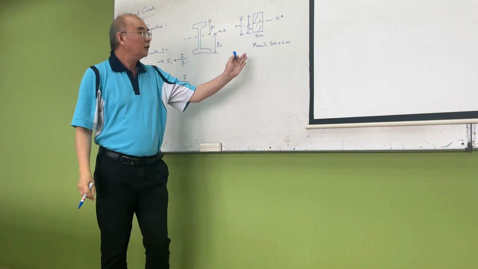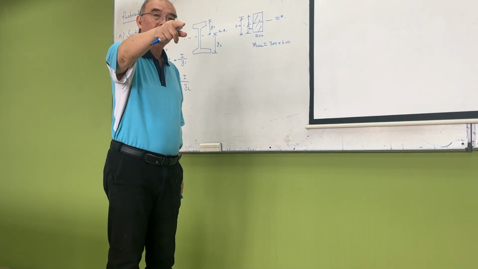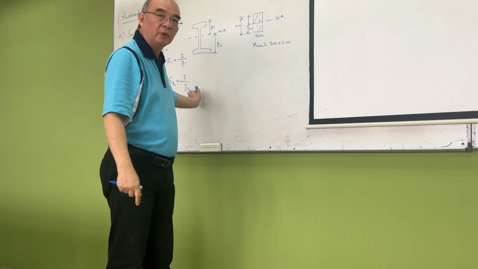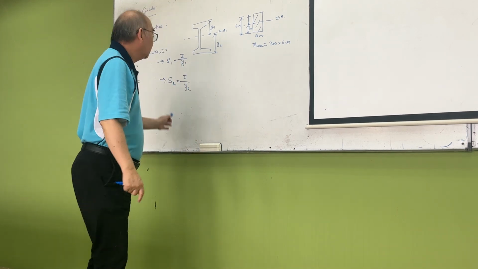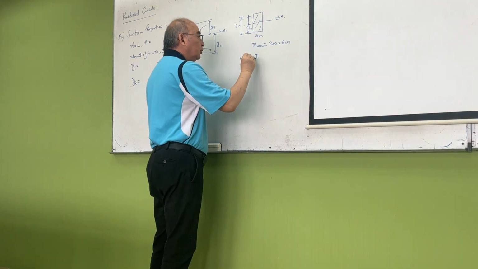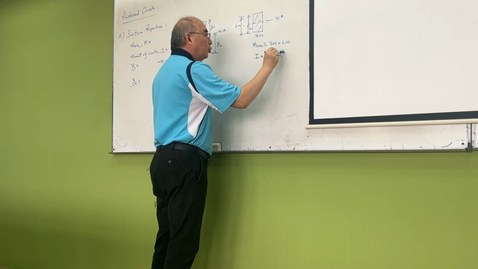Now the reason I bring this one, because I want you to use the test one. You need to rework the test one, and also as a practice to prepare for the exam. And the moment of inertia I is just 1/12 of BH cubed.